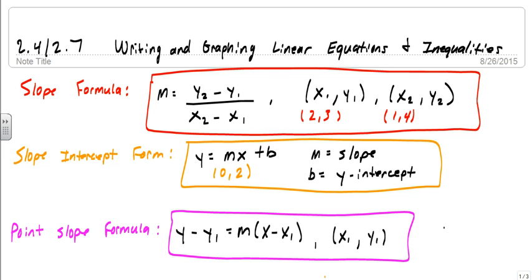Really easy, straightforward. The last one, point-slope, is when you're given a point, in this case x sub 1, y sub 1, and you're given a slope. You plug that slope in right here. So this is the slope, that's m, like we've talked about. And then the numbers from your point go right here and right there. The other x and the y that are just by themselves, that is the actual x and y in the equation.